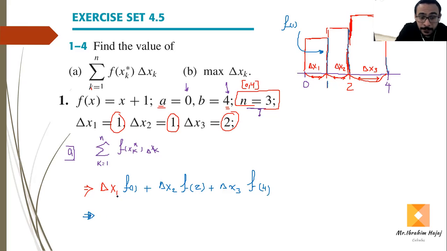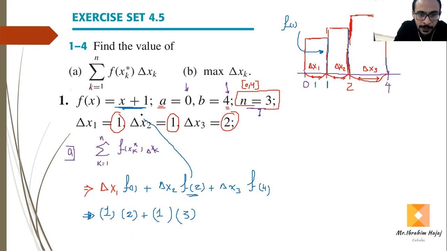Delta x1 is 1. 1 times 2: f of 1 means substitute 1 in the function, which gives 2, plus delta x2, given as 1, and f of 2, substitute here, which is 3. Then plus delta x3, which is 2, multiplied by f of 4, which is 5, giving 10.